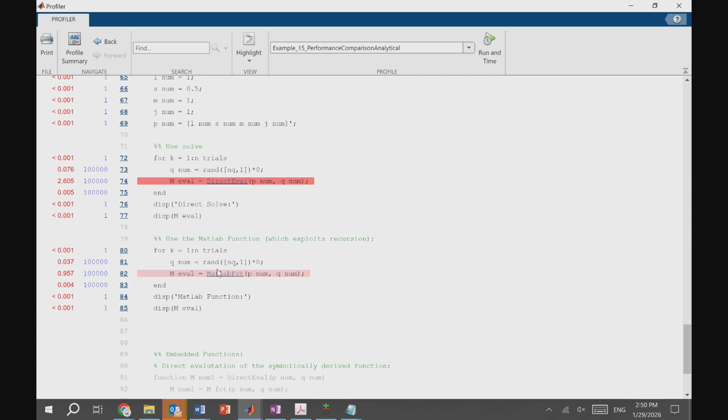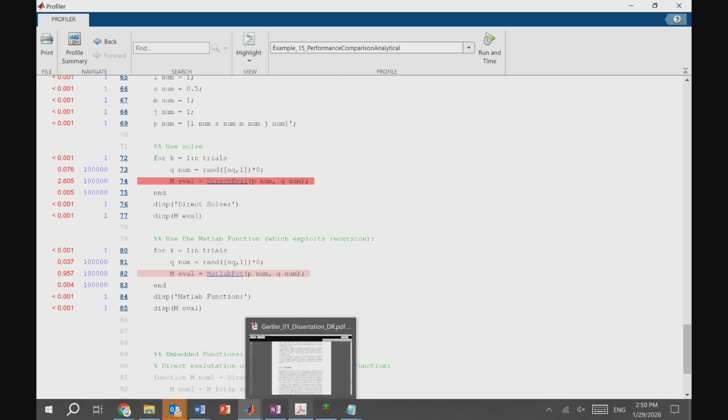But it's not something linear. Then MATLAB goes in and does its code optimization and realizes, oh wait, I'm reusing stuff. I do pattern matching, I can use things multiple times, and that significantly cuts down the computation time.